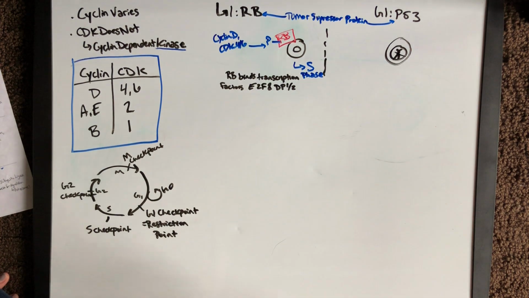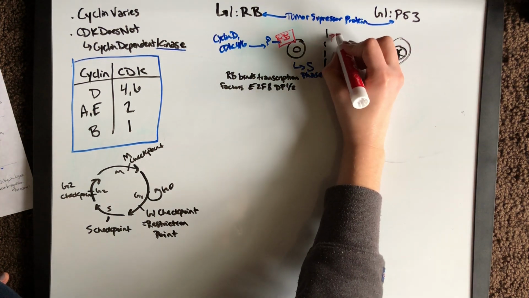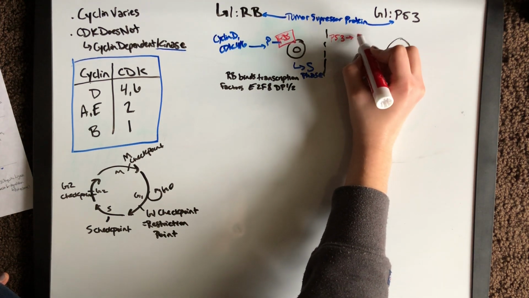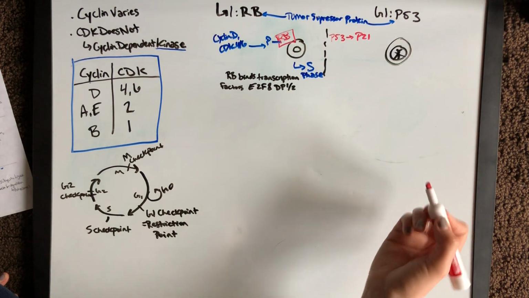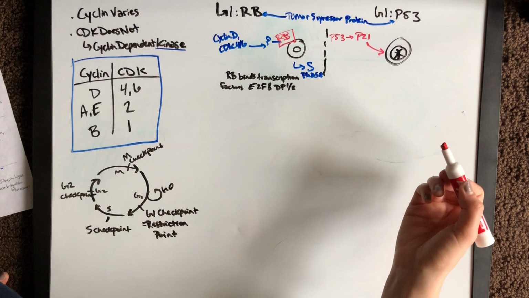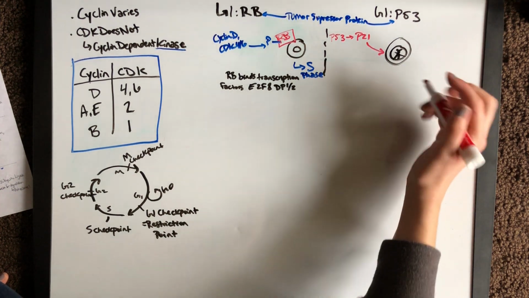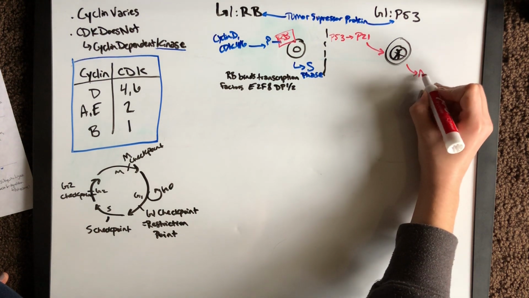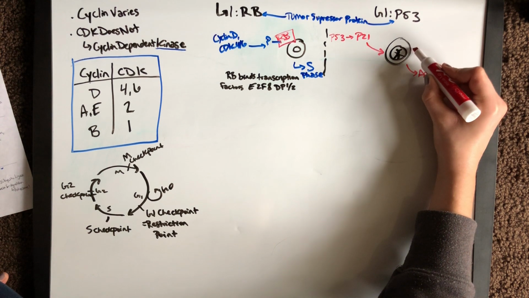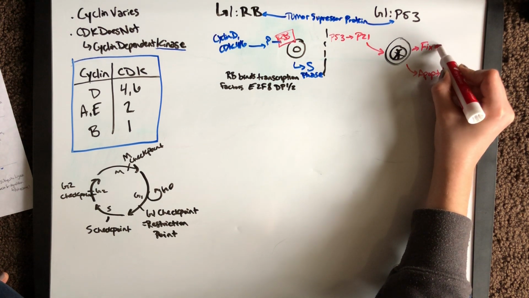So our P53 is going to activate P21. P21 is going to come in and check out the cell, and it's going to try and fix our DNA damage. If it cannot fix the DNA damage, then we do apoptosis and kill the cell. But if we can fix the DNA, then we fix it and we go into S phase.